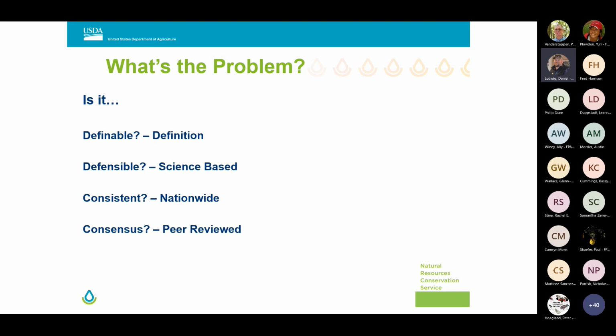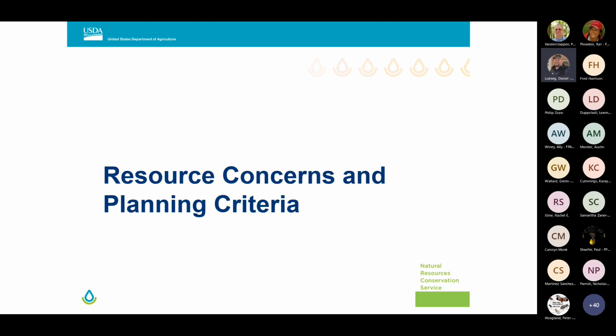One thing is we don't want to write practice standards so specific and so limiting that they cannot be implemented. So again, we want that peer review so we know that what we're planning and what we're recommending to the farmer can actually be implemented.